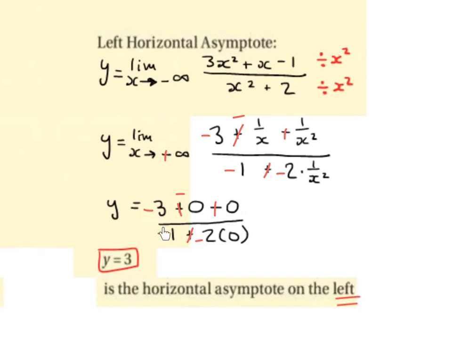And minus 1 minus 2 times 0 is minus 1 minus 0, which is just minus 1. And minus 3 divided by minus 1 gives us 3. So y equals 3 is the horizontal asymptote on the left.